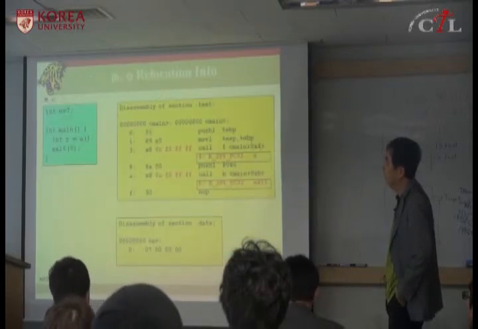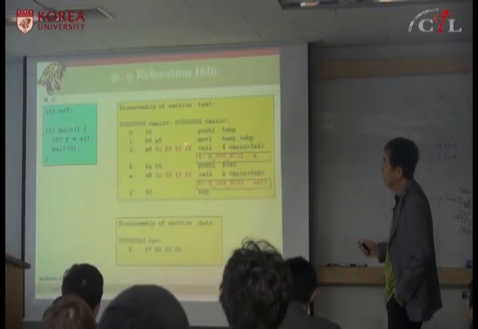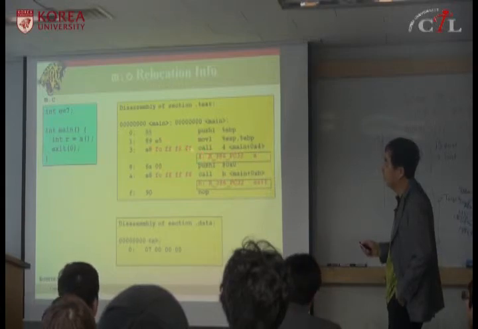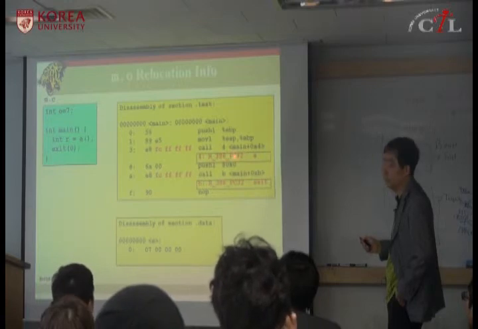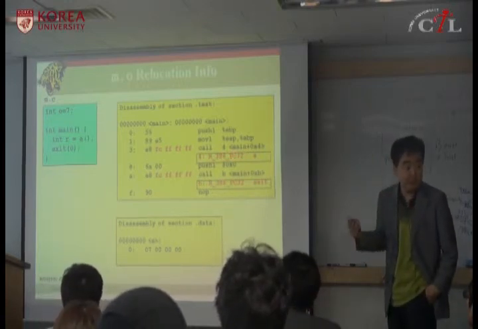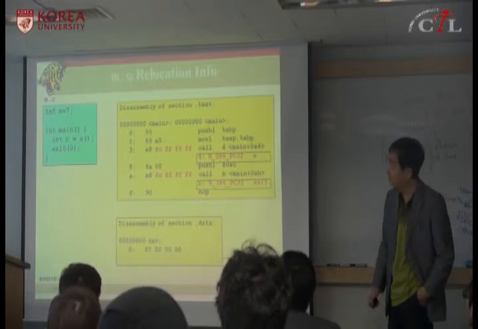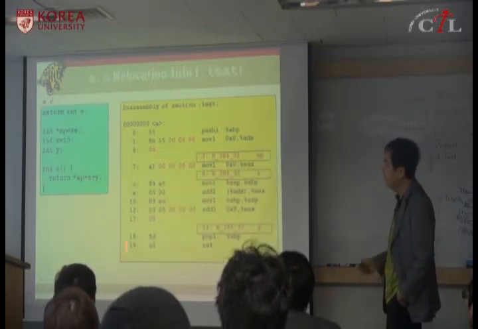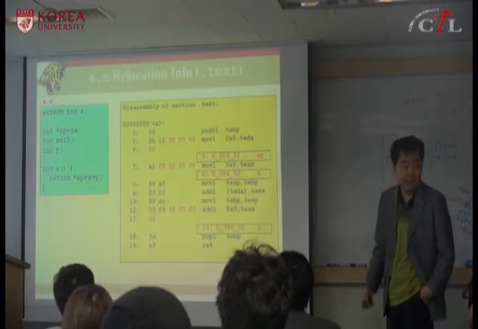So in this code example, these are symbols. They should be relocated. And they use PC relative addressing because this is an instruction address. So they put a question mark here. So the red mark means it's like a question mark. Okay? So these are also question marks. You have to relocate.